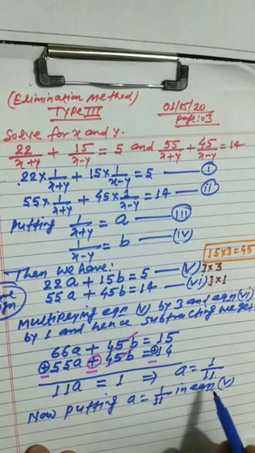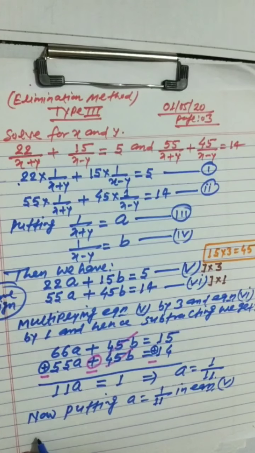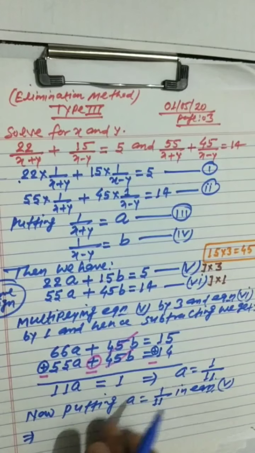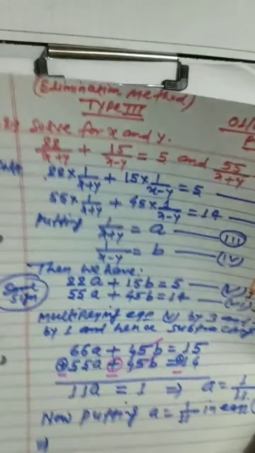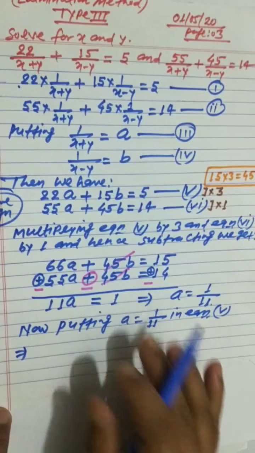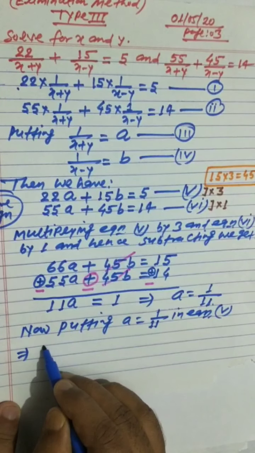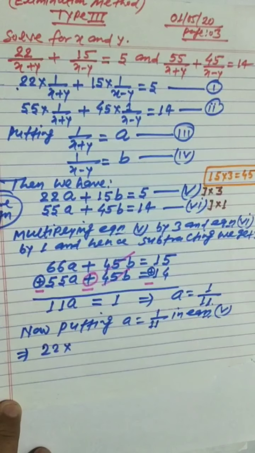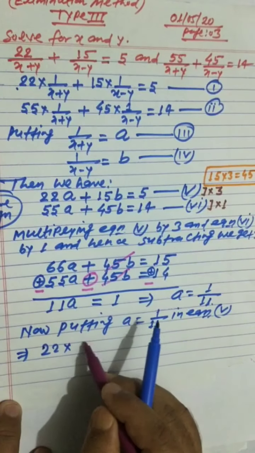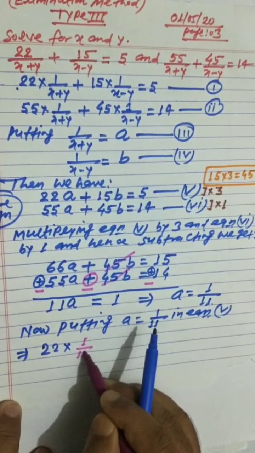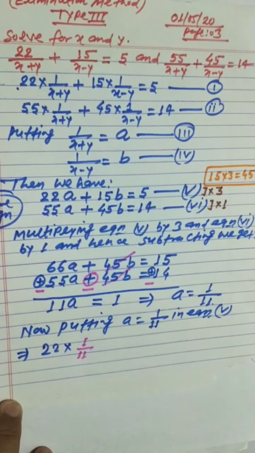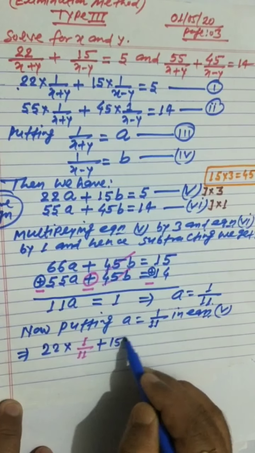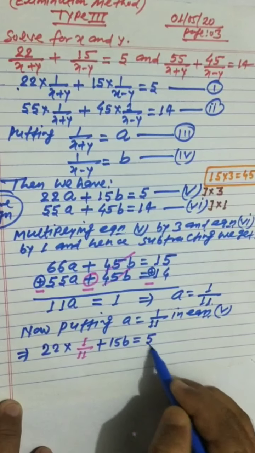We are going to put the value of a in equation 5th. So it will become 11 times 22 multiplied by, at the place of a you have to put 1 upon 11, plus 15b is equal to 5.